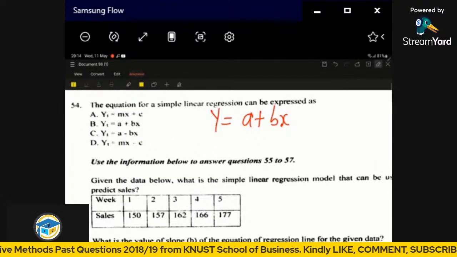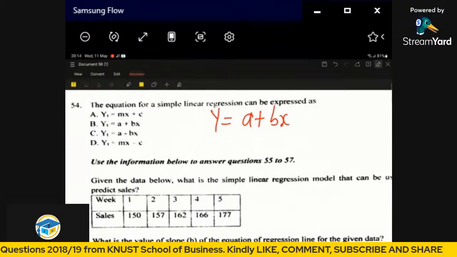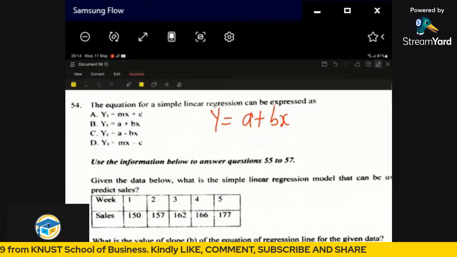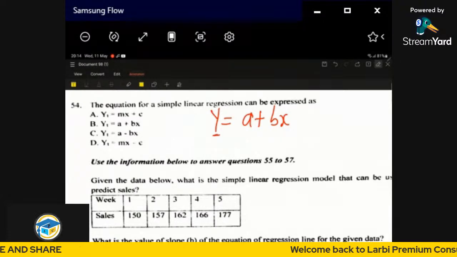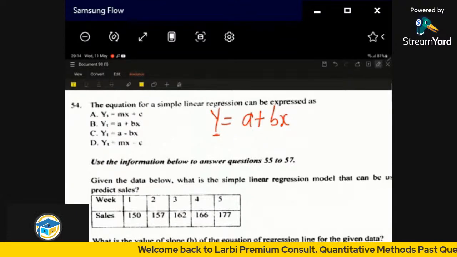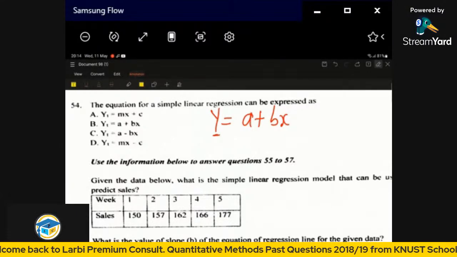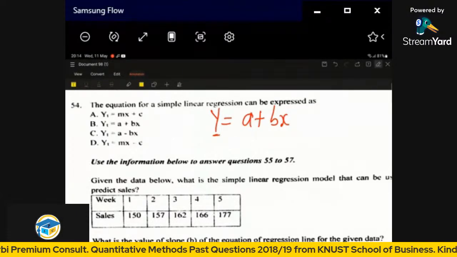For most simple linear regression equations, we use y is equal to a plus Bx, where y is the dependent variable, a is the intercept of y, and b is the slope of the regression equation.